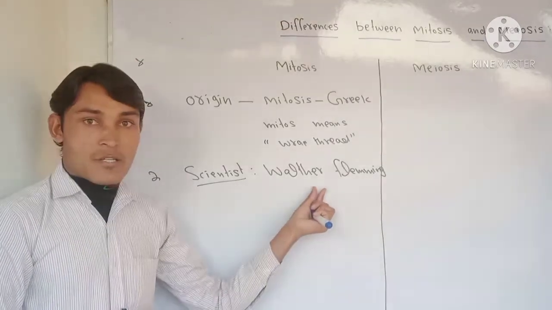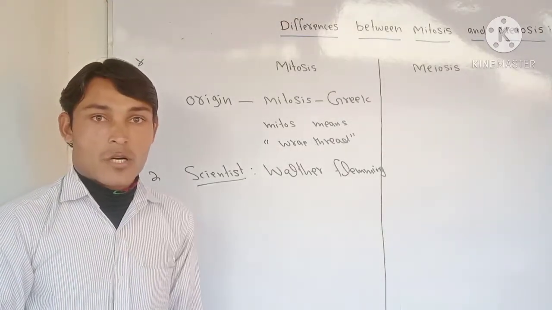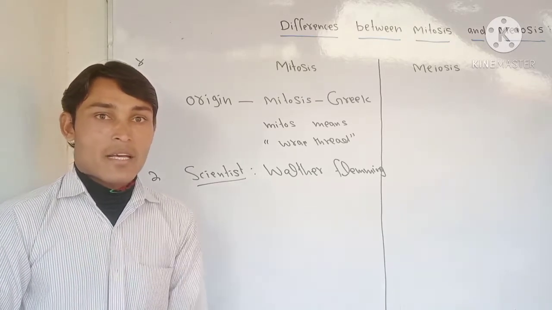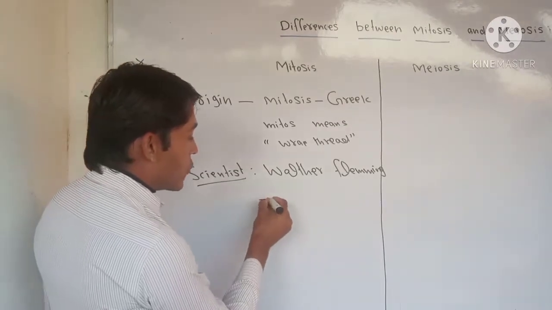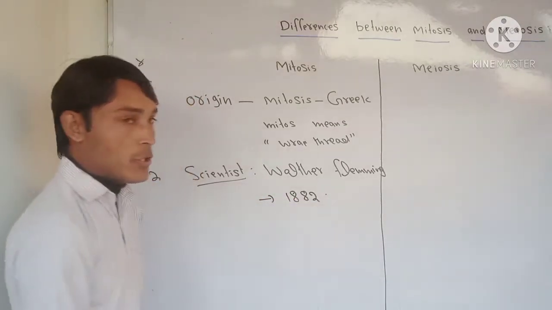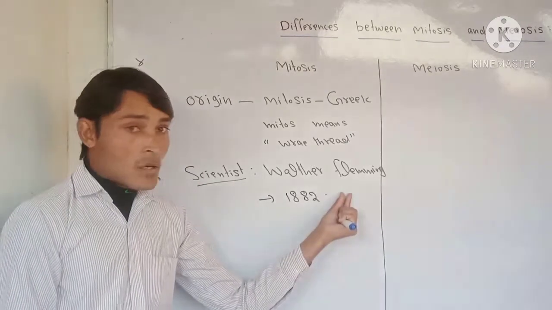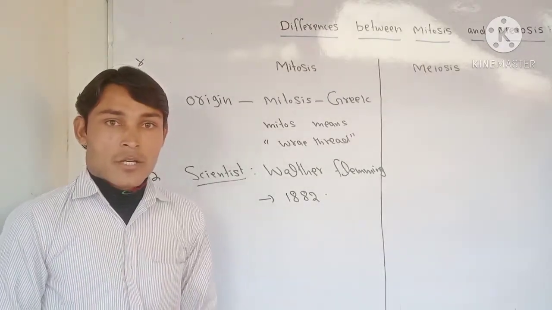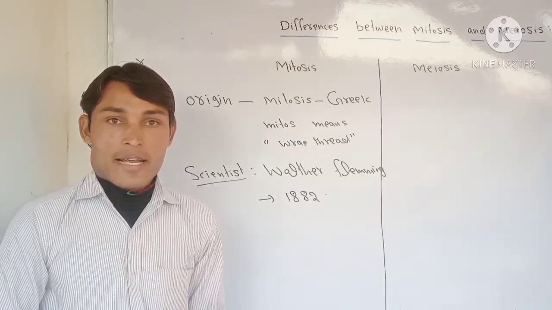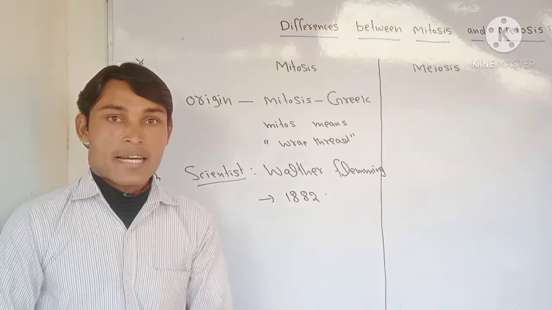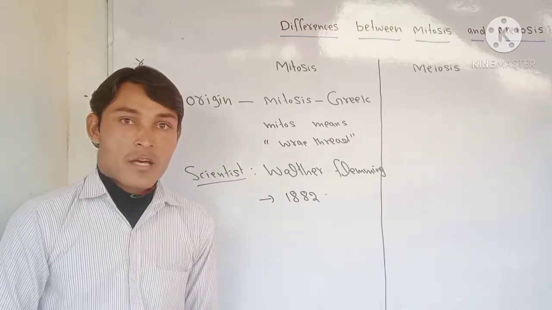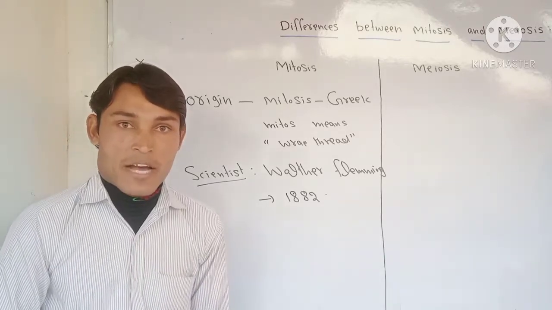He is the scientist who used the word mitosis for the first time in 1882. We should remember the time, about 1882. He observed dividing cells, and during cell division he noticed that the nucleus passes through a series of changes, and those changes he called mitosis.